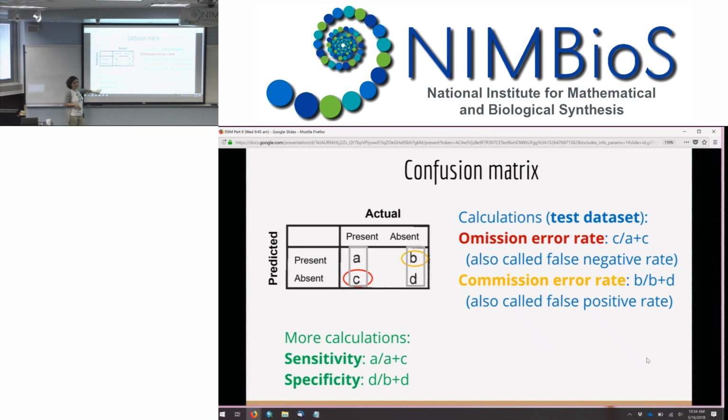And then how specific is our model, meaning predicted absent over all known absences. So this model is failing, this model is doing good. So we have error rates, omission and commission, and then we have model sensitivity associated with presence data and model specificity associated with absence data.